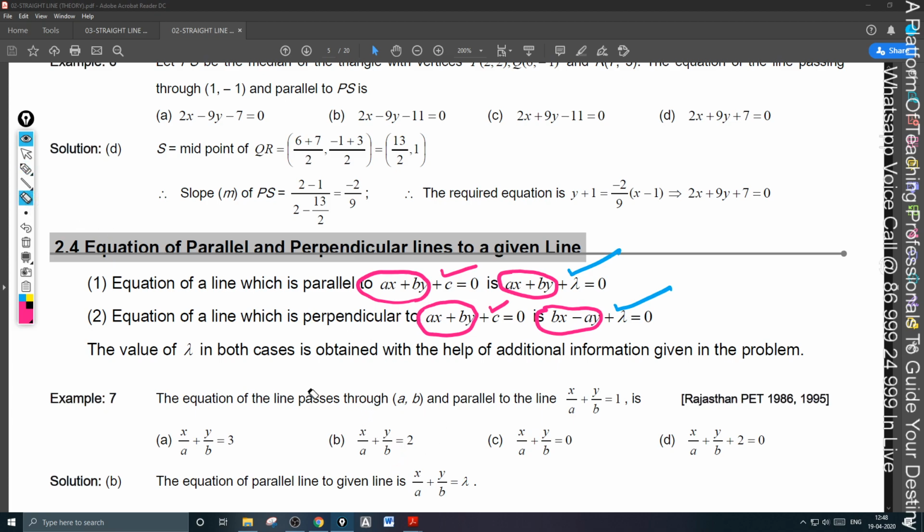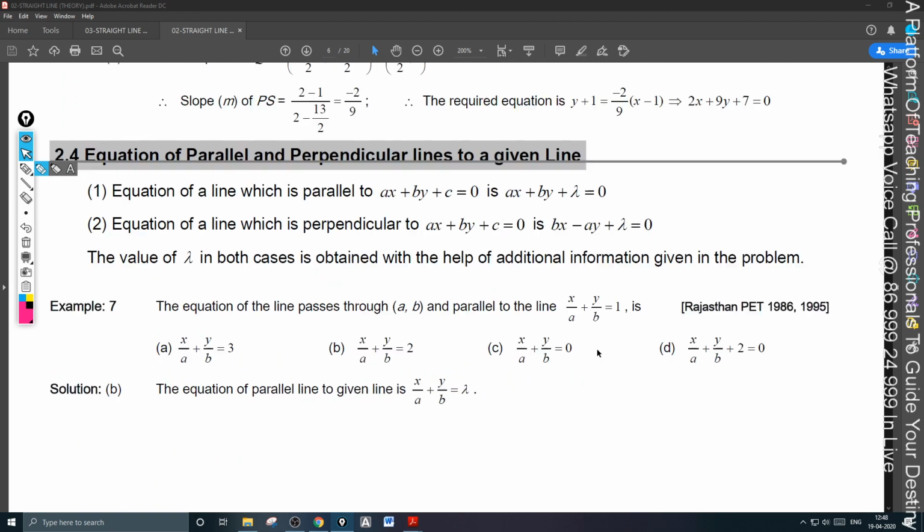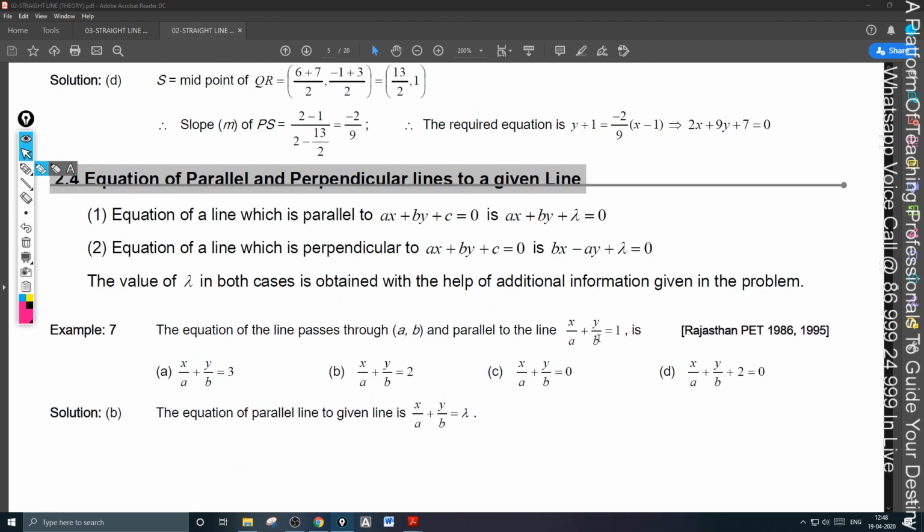Now let us see the question here. Next question. The equation of the line passes through (a, b) and is parallel to the line x by a plus y by b is equal to 1. It is passing through the point (a, b). Simple question only, but let us write the direct step here.